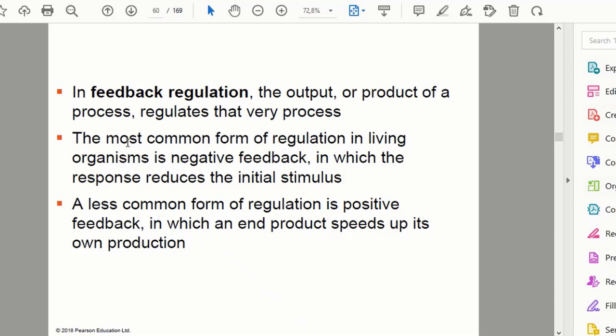When they say describe, you don't just say feedback regulation has positive feedback and negative feedback only. If they say describe, you also have to explain what negative feedback is and what positive feedback is.